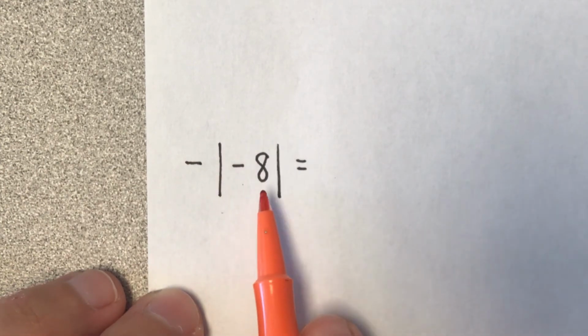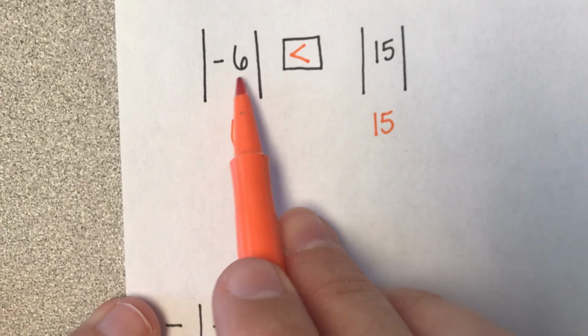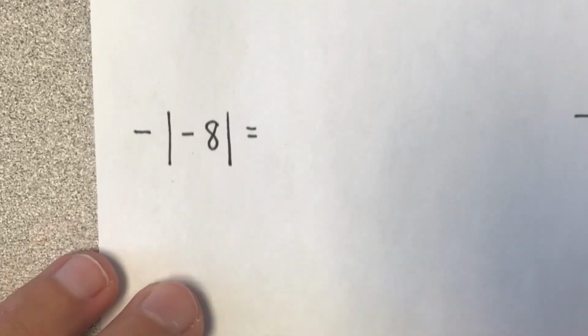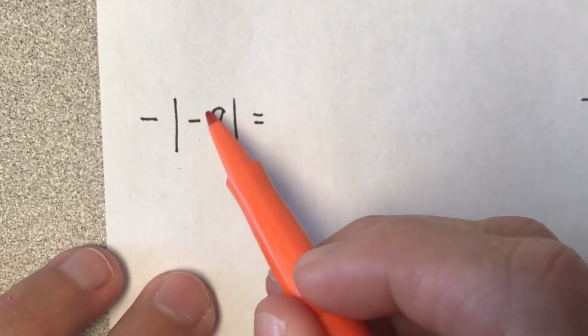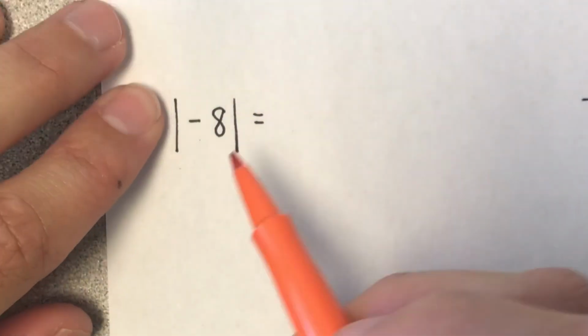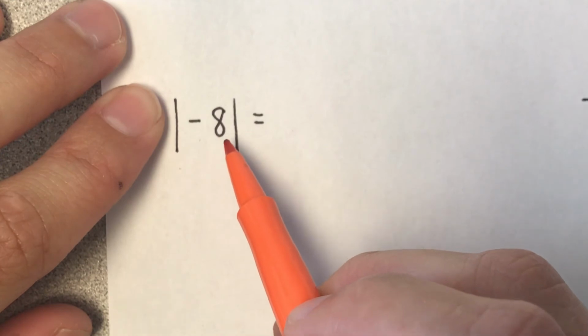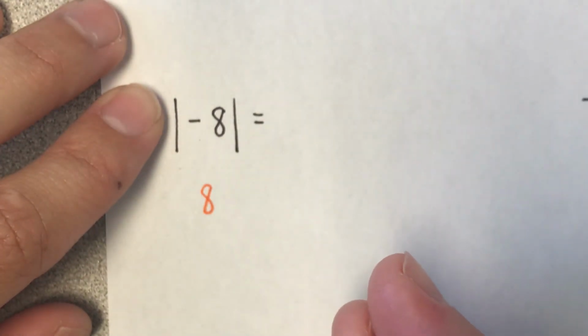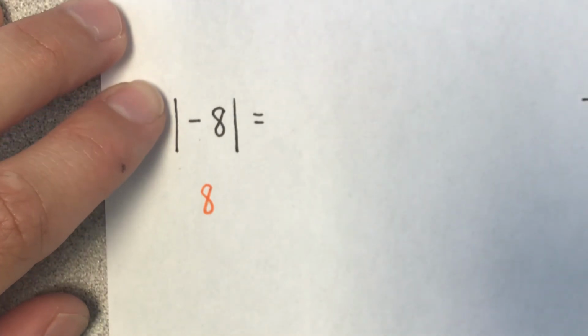So inside of my house, like up here, this negative was inside my house, I can get rid of it and make things positive. But in this one, I can't get rid of this negative because if it was like this, the absolute value of -8 would just be 8, because it would take me 8 jumps to get to -8, okay?